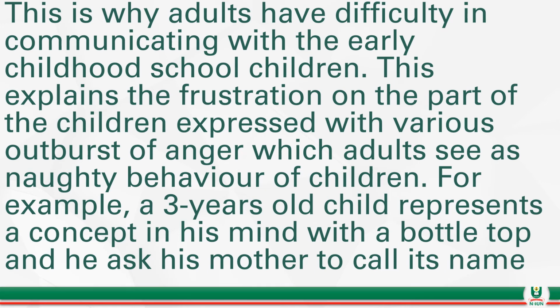And the child will start crying, because instead of giving the child juice, the mother gave him a lot of bottle tops to start counting. And so the child will start crying, and the mother will see his attitude as being naughty. That is because the interpretation of the symbol according to the child is not what the mother interpreted.